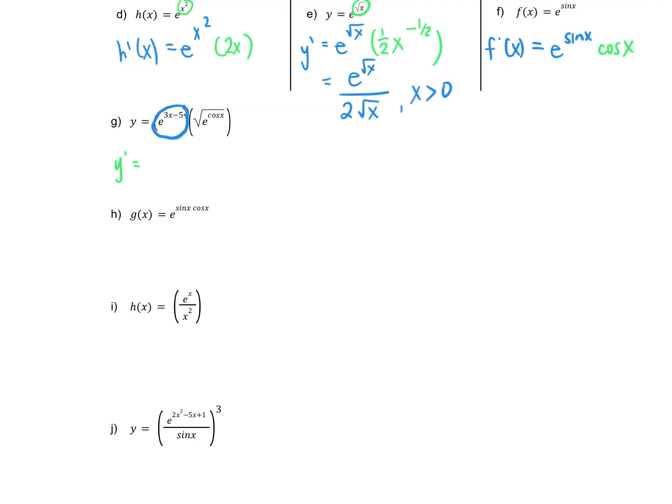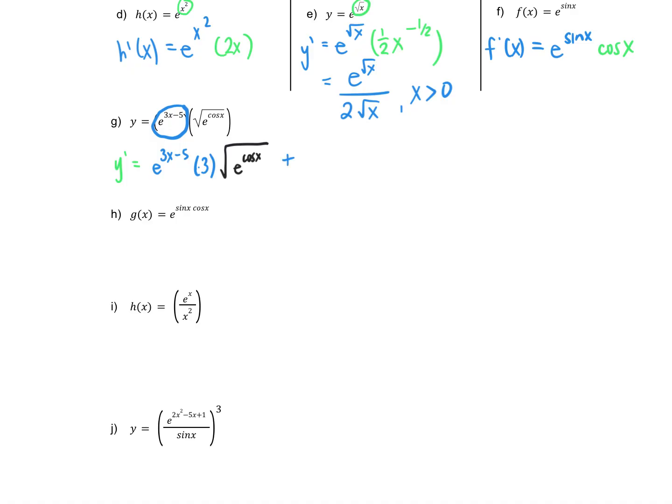This is a chain rule. First, the derivative of e to the power of something is e to the power of that something, and then that will get multiplied by the derivative of that exponent, which is just 3. Now I'm going to copy paste that second function.